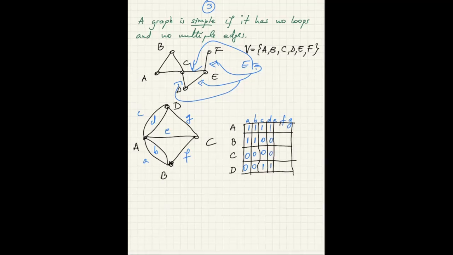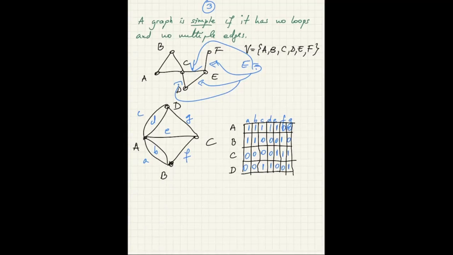Then I have E. E goes between A and C, so I have 1, 0, 1, 0. And then I have the last two, F. F goes between B and C, so there's a 0 here, 1, 1, and 0. And then G goes between C and D, so I have 0, 0, 1, 1.